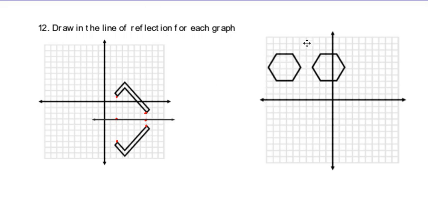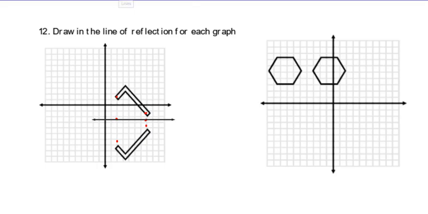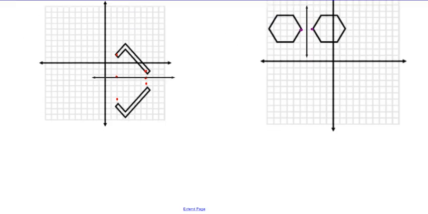Over here, it looks like it's right down the middle. In fact, right here. So I'm going to use this for my line of reflection. Yep. And if I want to double check, get a pen. This point corresponds to this point, and they're 2 units apart, and 1 is right in the middle. Moving right along. Let's go to the next page.